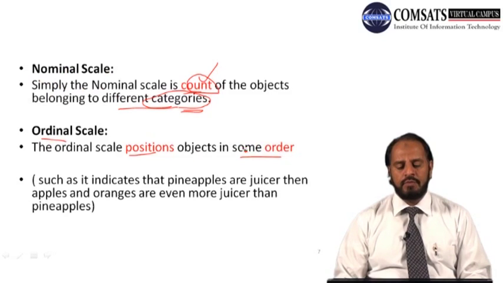A scale which tries to determine the position of objects in some order, meaning, let's say, which are the smartest people in the university, the first year, second year, third year. So we need to order them. We will say the third year students are smarter than the second year, and second year students are smarter than the first year, and the first year are smarter than the fourth year students, which is usually not the case. It should not be. As we move along, we try to learn more.